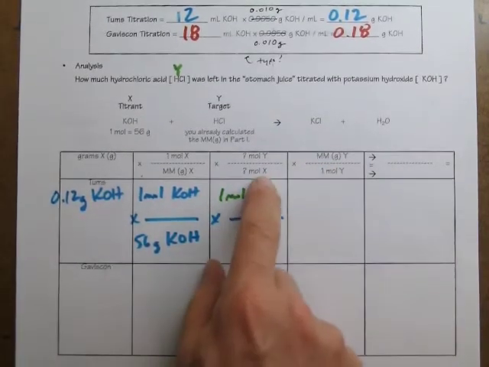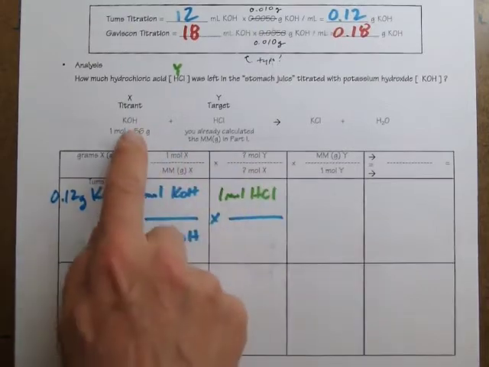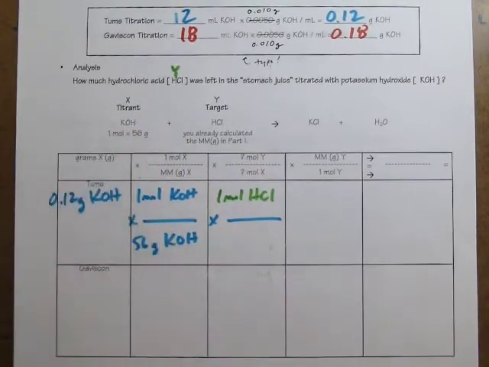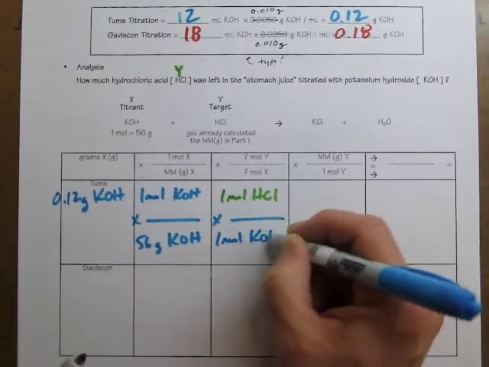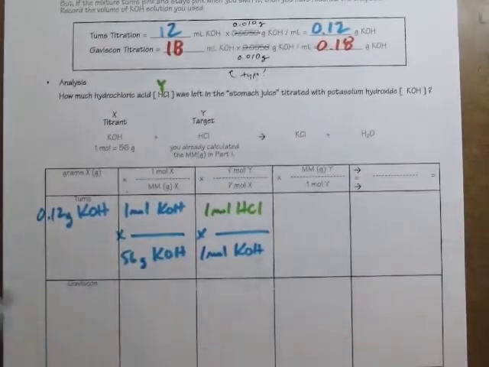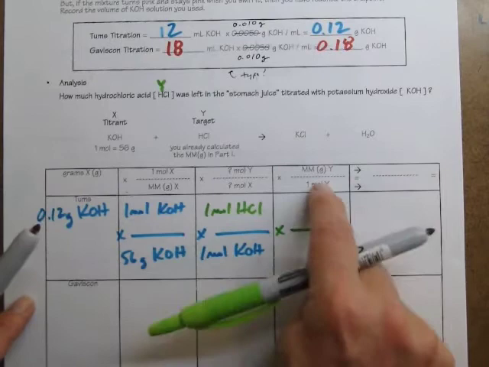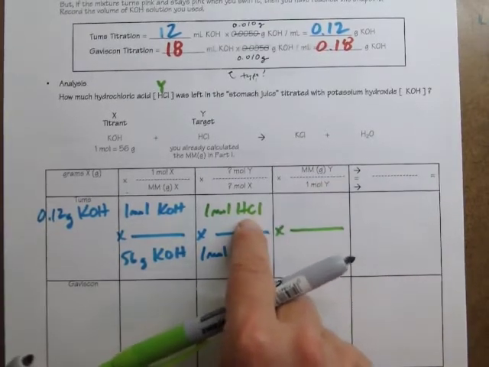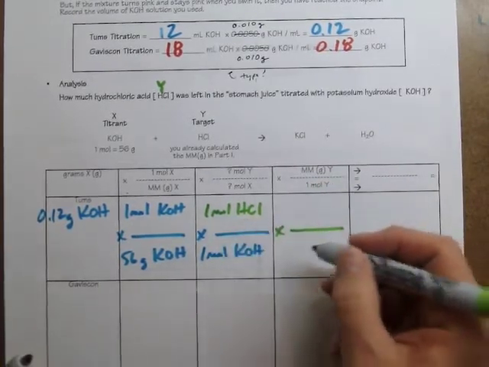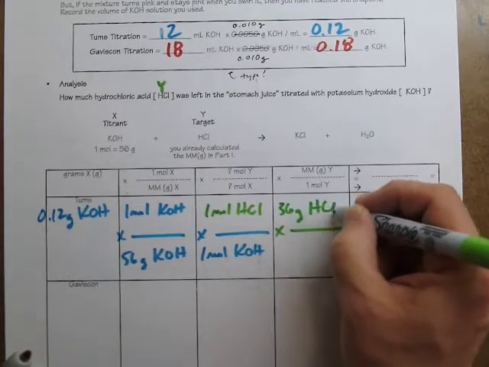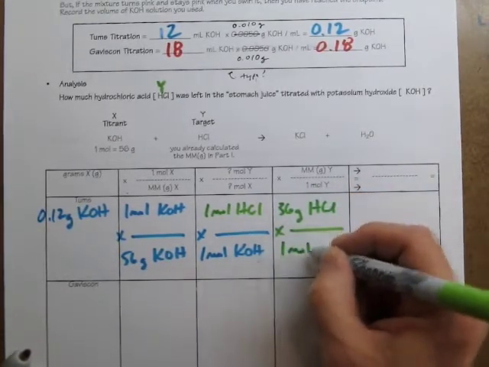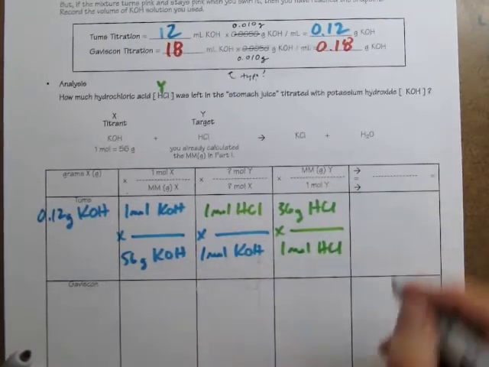And on the bottom, moles of our X substance, which is potassium hydroxide, there's 1 mole of potassium hydroxide. And then we'll multiply by the molar mass of hydrochloric acid, which we used in our previous calculations, 36 grams hydrochloric acid over 1 mole of hydrochloric acid.